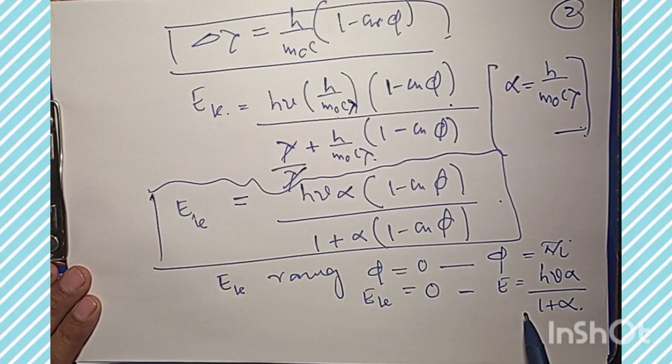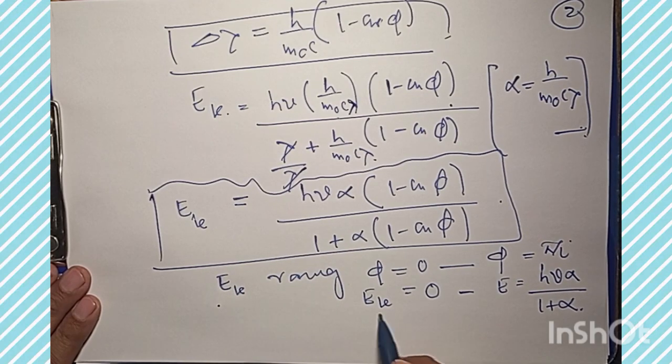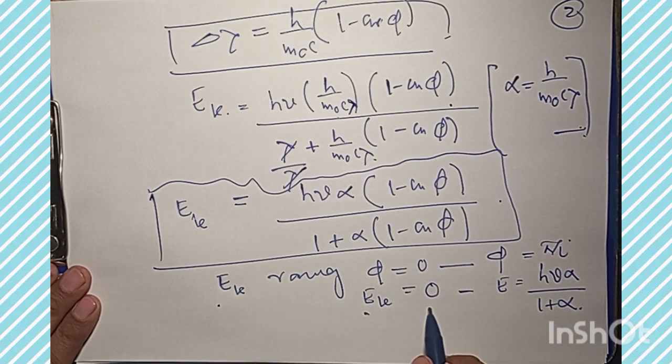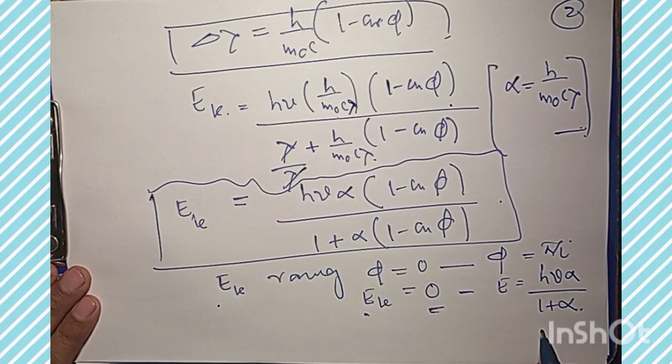Right. So what's going to happen here is that the electron can have all possible energies from 0 to h nu alpha by 1 plus alpha. So from this, what can we conclude?